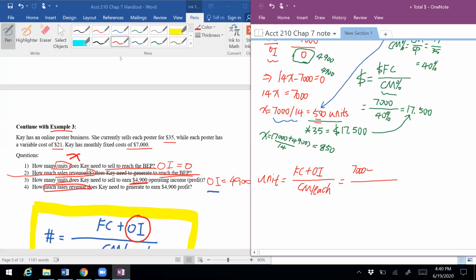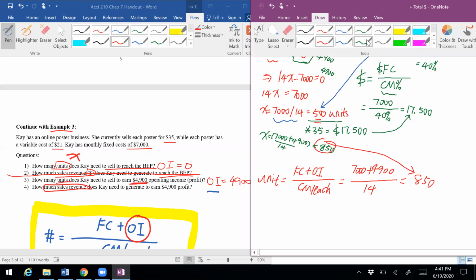My desired operating income is 4,900. And then I divide by my contribution margin, which is $14. So I also get 850 units. It's exactly the same as using the income statement method.